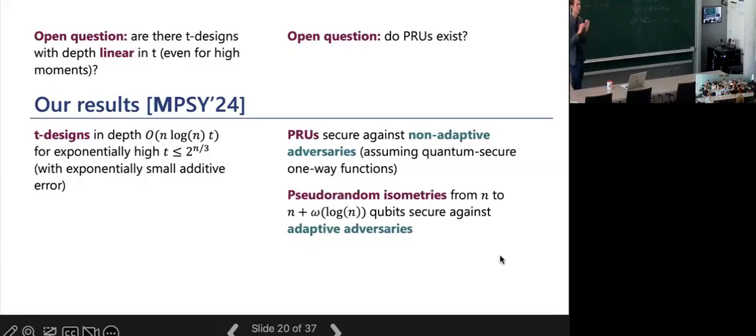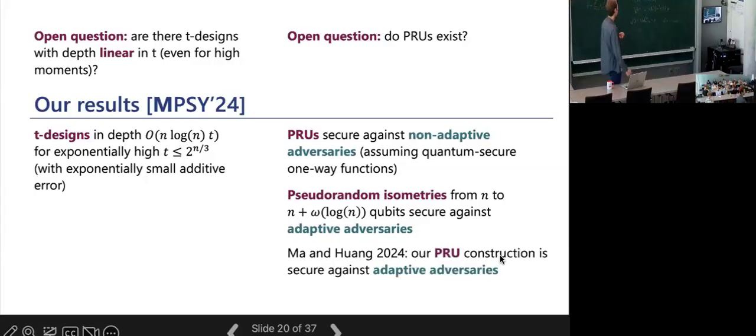We can prove that if you allow isometries where you add, say, log squared n extra qubits, then our construction, or a slight modification of that, is even secure in this most general adaptive model. And finally, I'll mention that Ma and Huang, this is unpublished, have given a proof that our construction is actually secure against adaptive adversaries too. This is a slightly more careful version of the isometry proof that we have.